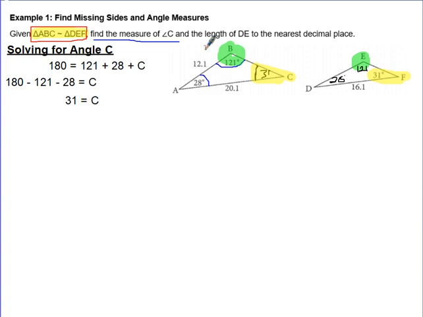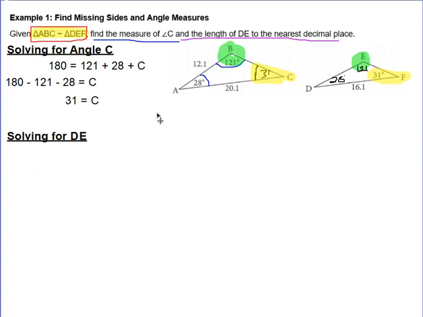The next part of this question was: find the length of DE to one decimal place, meaning, how long is side length DE to one decimal place? So we are going to solve for DE. We already know that the triangles are similar to one another, so we know that the corresponding side length ratios are equal.